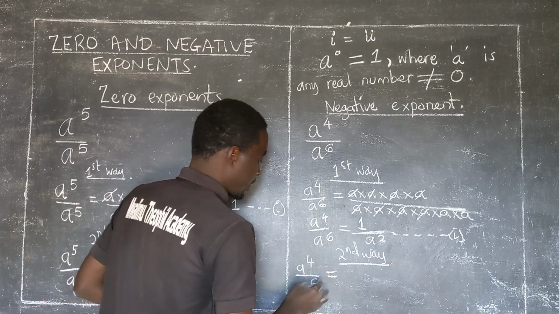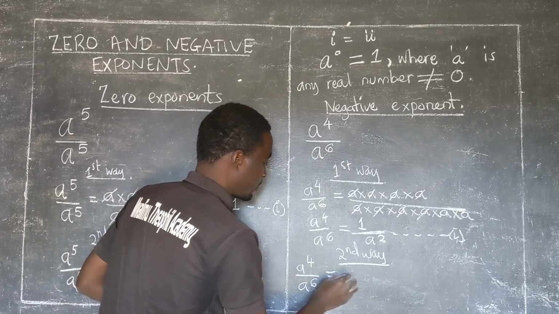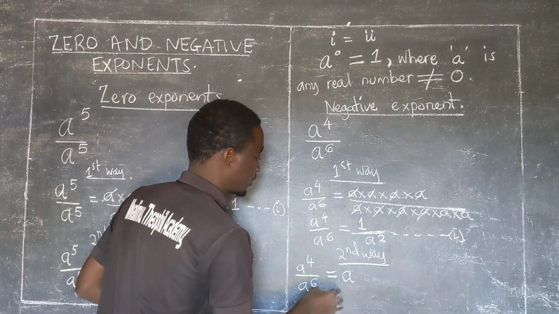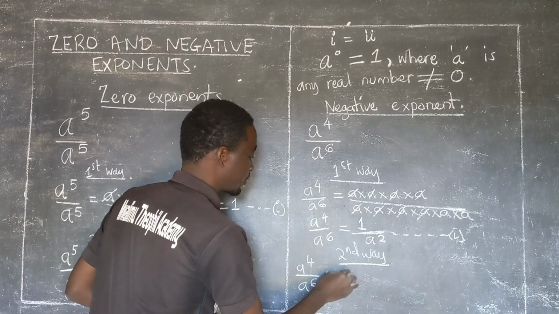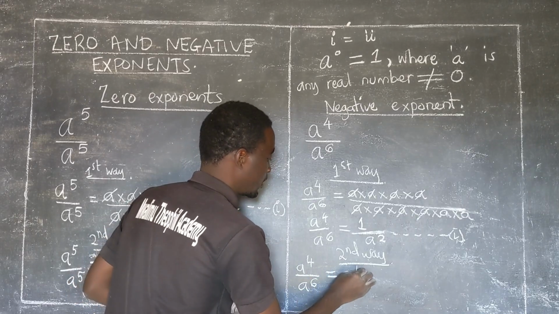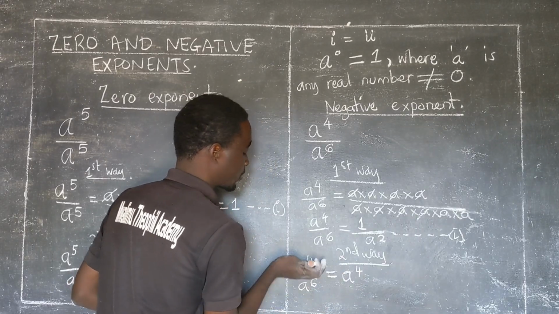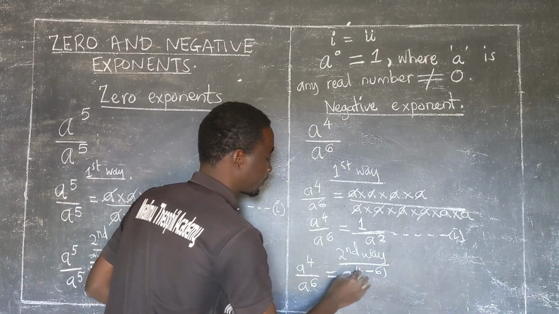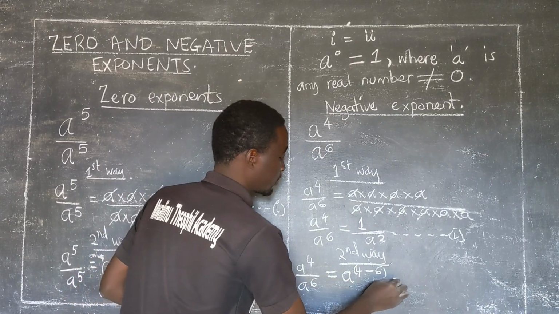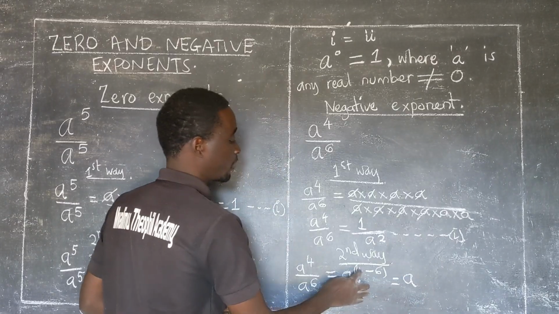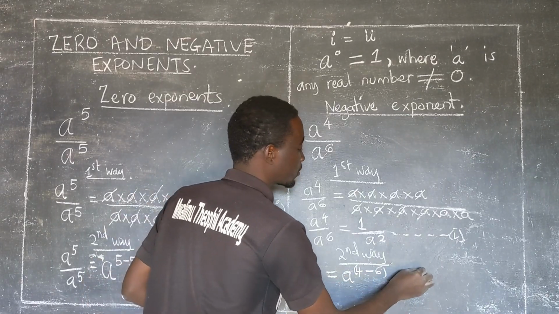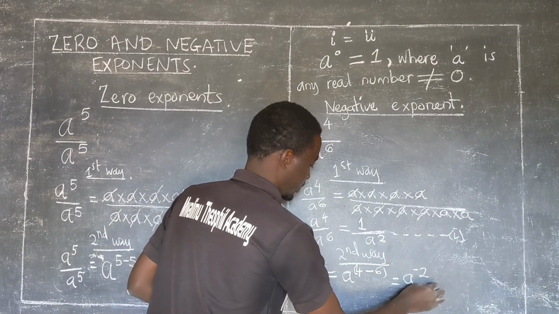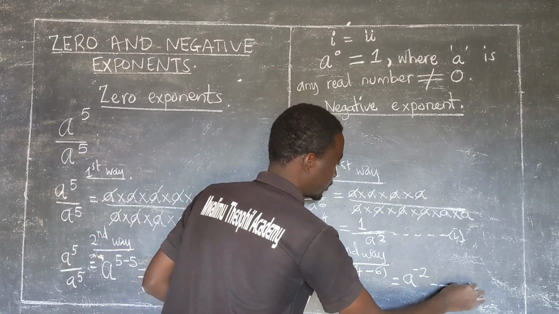Here we say that if we have the same base and it is a division, we take one base and we subtract the exponents. Now it will be 4, the exponent from the numerator, minus the exponent from the denominator. Now this will be equal to a raised to 4 minus 6, which is negative 2. Let's take this as equation 2.